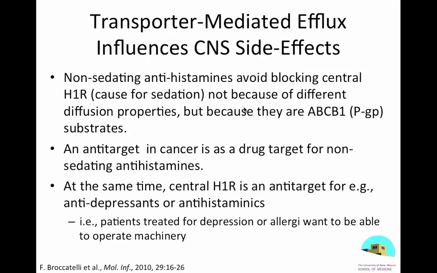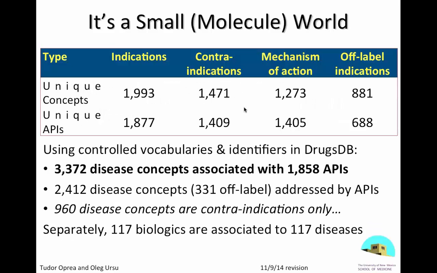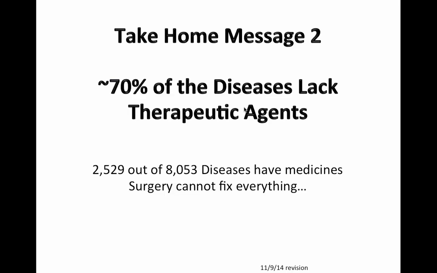And there is a website, disease-ontology.org. If you go to that website, you will find that there are about 8,000 diseases that are currently being annotated. And of those, we track about 2,500 with both on-label and off-label indications.